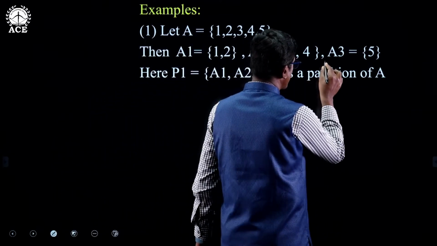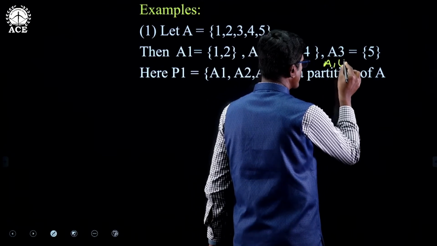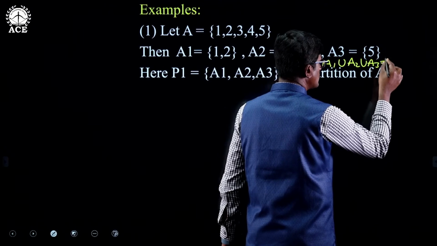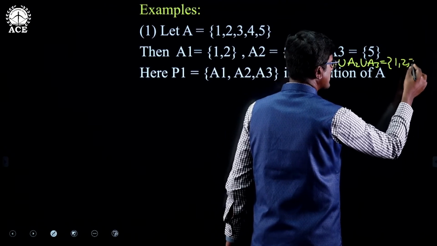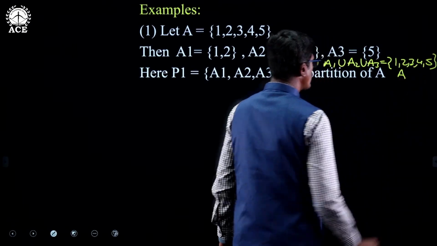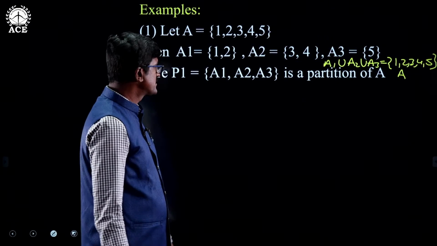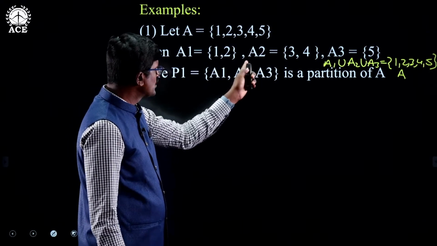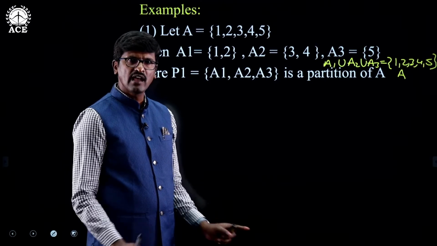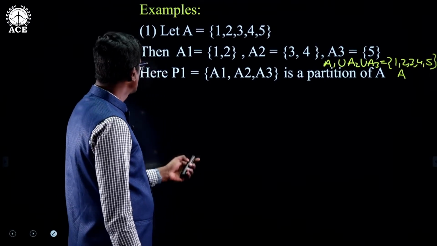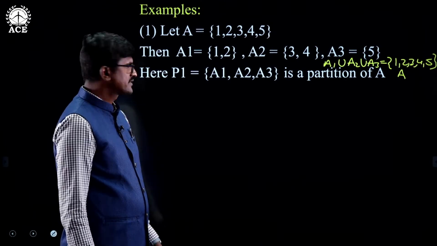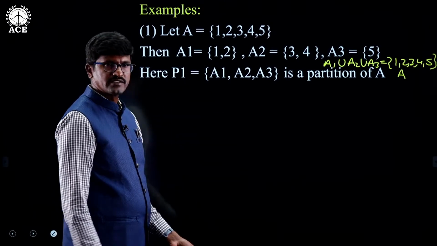So A1 union A2 union A3 is equal to 1, 2, 3, 4, 5, which is nothing but A. The union of all the subsets is equal to the given set. And if you look at any two sets, there are no common elements. Every two sets do not have any common elements. Therefore, these subsets satisfy the conditions of a partition of a set. Therefore, this is one partition.